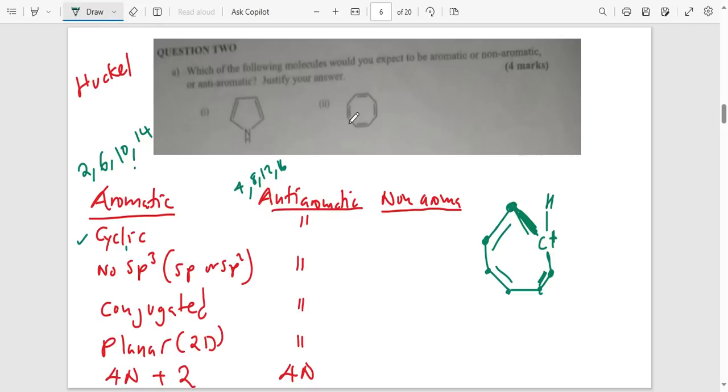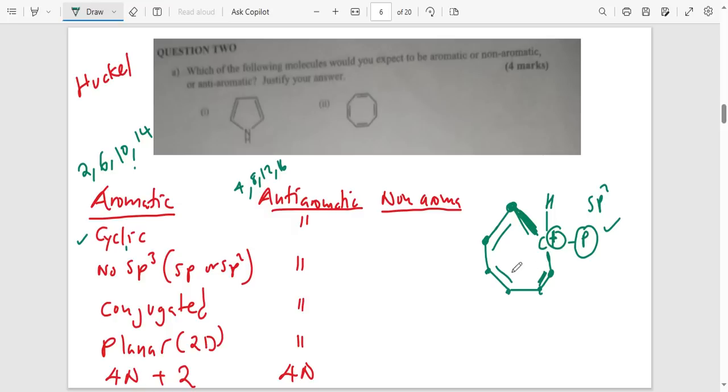And when something has a deficit of electrons, that means there is a p orbital that is empty. So this carbon has an empty p orbital, and for that reason it is also sp2 hybridized. That's the only way we can have an empty p orbital for it to have that positive charge.